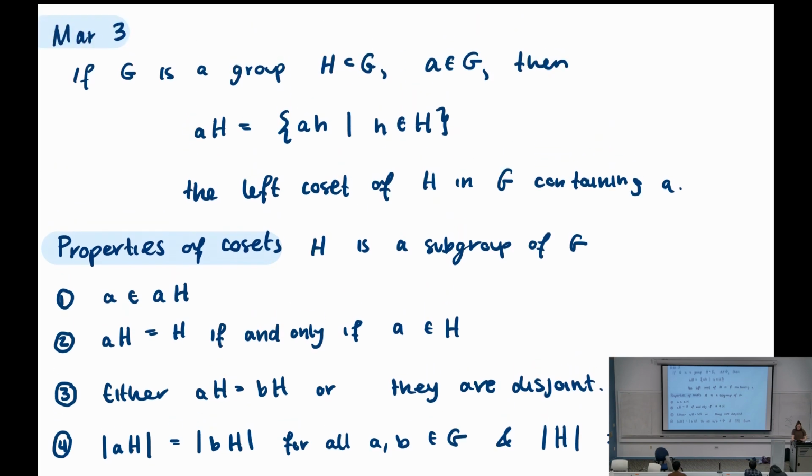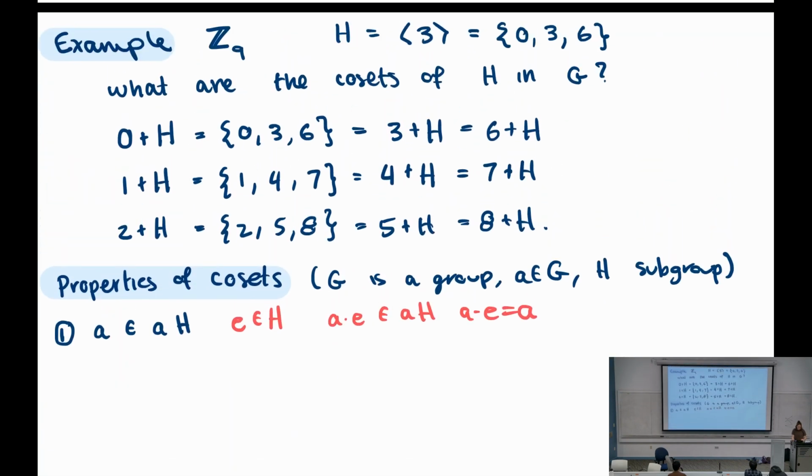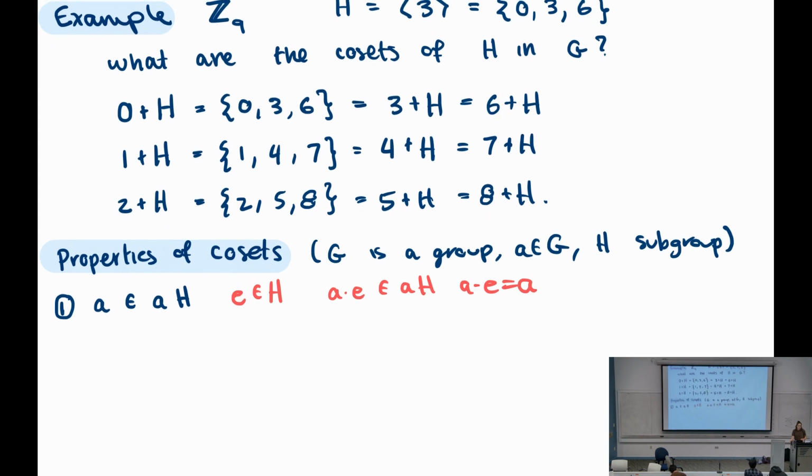So let's go back to this example. Only the first one had the identity in it.